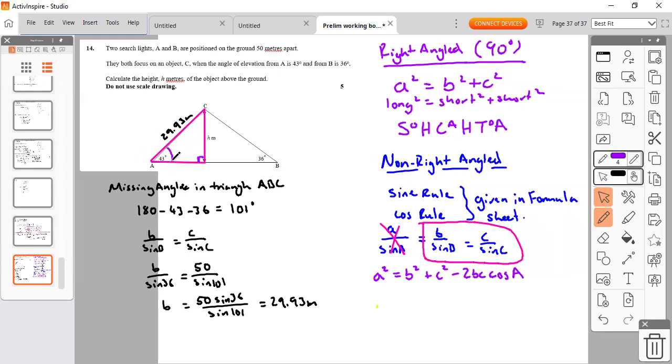I've got the angle 43 across from H. I've got 29.93, which is across from the right angle. It's my longest side, so that's my hypotenuse. H is opposite my angle, so that's going to be my opposite. So I'm going to take that understanding and apply it to my right angle triangle rules, to SOHCAHTOA.